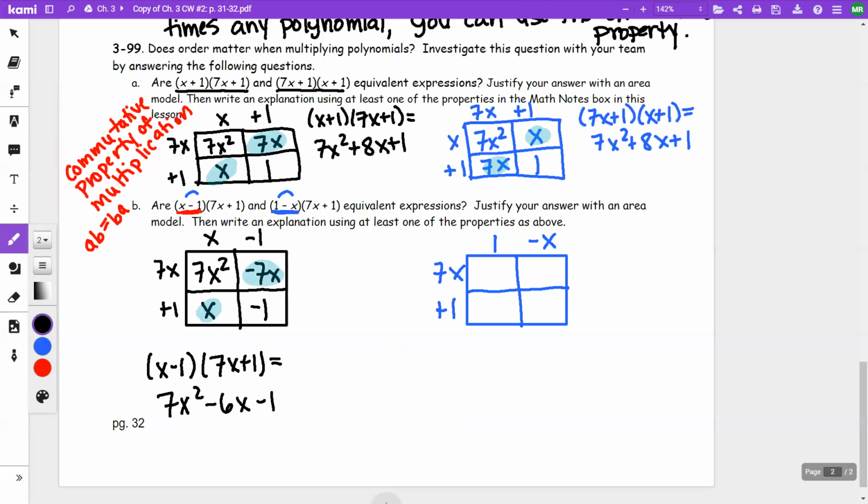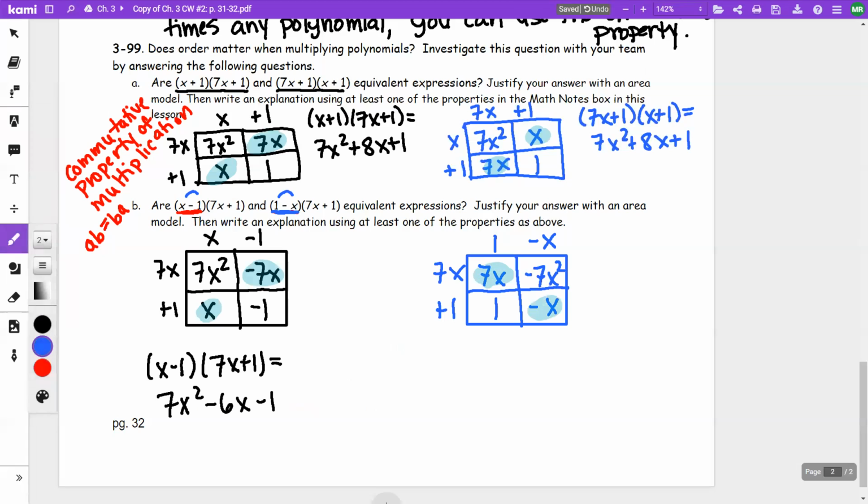That's what I got. For the other one, when I have my 1 and then my minus x, so I switched the minuses. This is going to give me a 7x. 7x times a negative x is a negative 7x squared. 1 times 1 is 1, and 1 times a negative x is a negative x. So my like terms are going to be the 7x and this negative x.